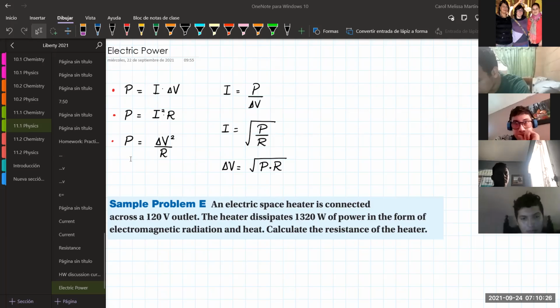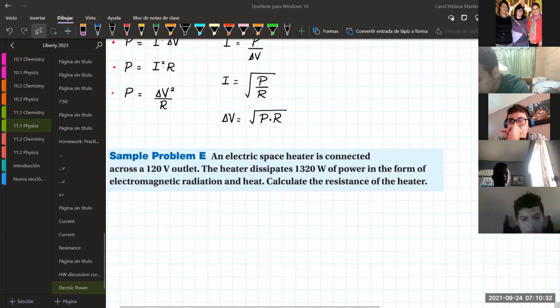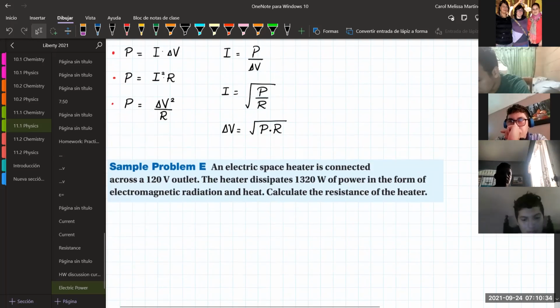So according to the information given in the problem, you will choose the equation. Okay. So in this problem, they are giving us the outlet at which it is connected, and the unit in which it is measured is volts. Okay, so that means that this is the potential difference or the voltage.